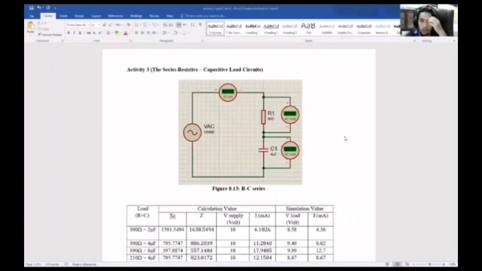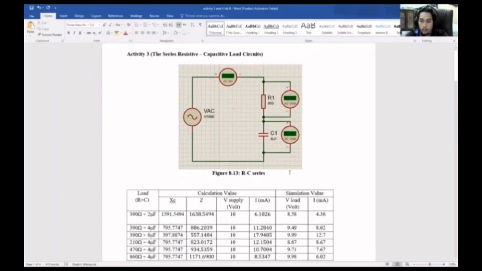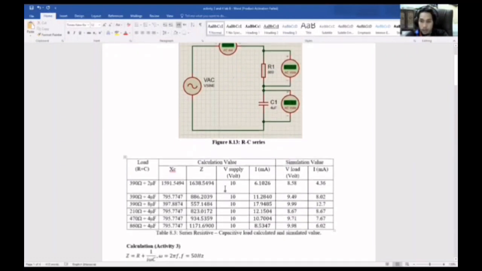Now we go to the report for activity 3, the series resistive and capacitive load circuit. Here we have the circuits from the software. The 6 different circuits have different values for resistor and capacitor.